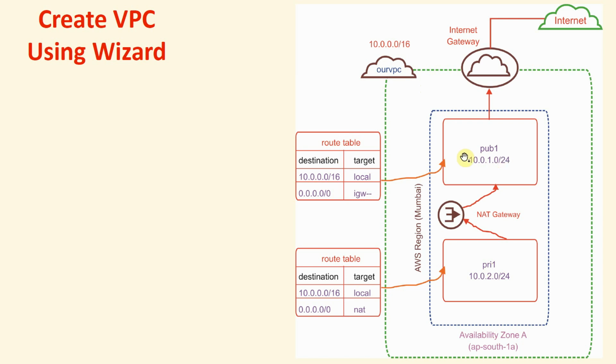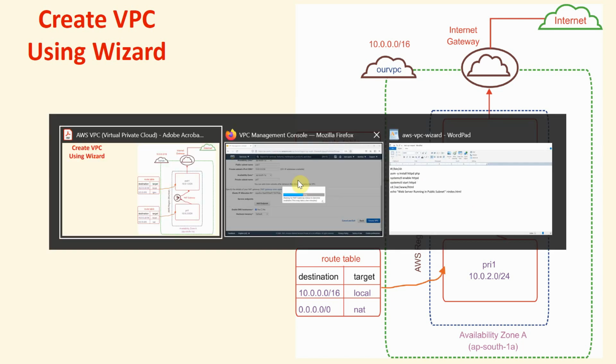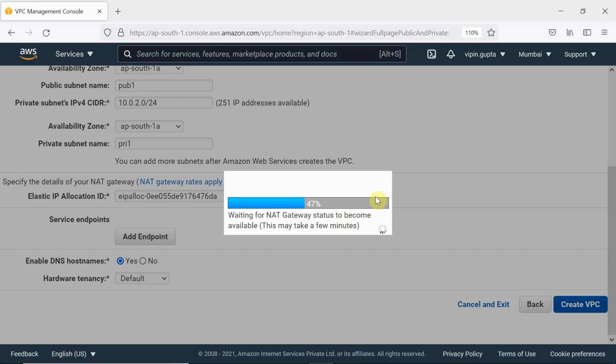This routing table is associated with this one, the NAT interface will be linked in this, and your internet gateway will be there. So it will take certain time, we will wait for that.